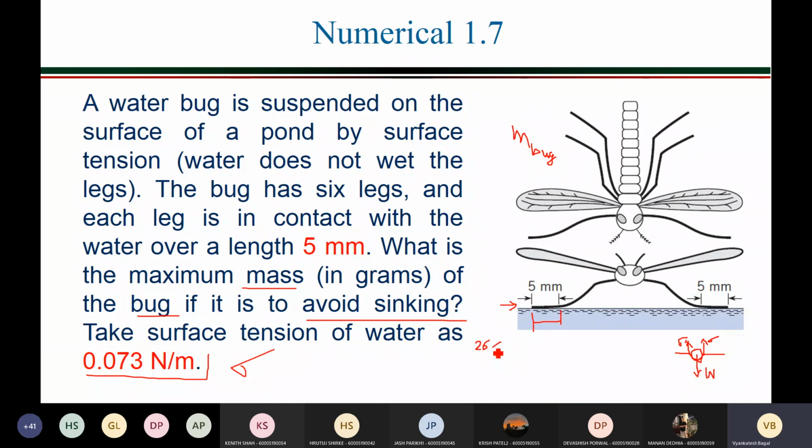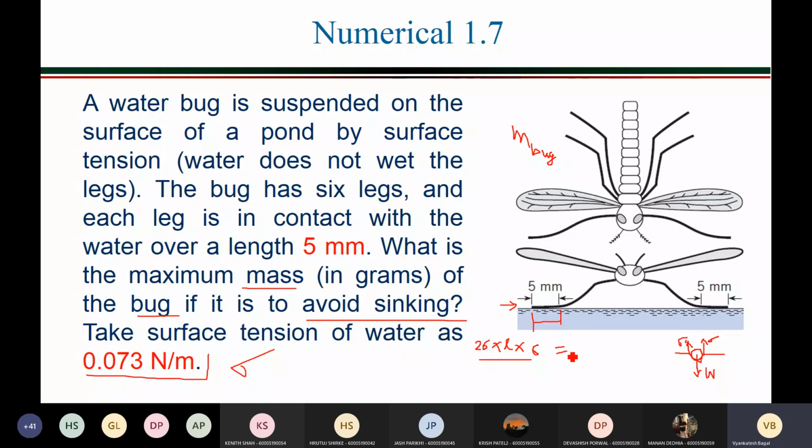For 1 leg, we have this 2 sigma multiplied by the length. Let us call it small l. So 2 sigma into l is the surface tensile force for 1 leg, and we have 6 such legs, right? So this is the vertical component of surface tensile force.